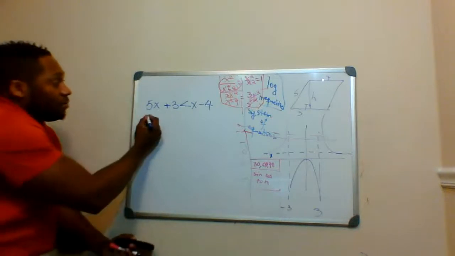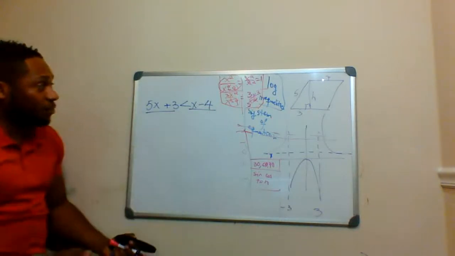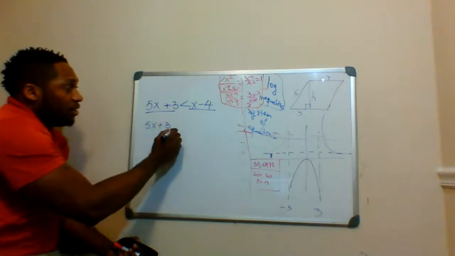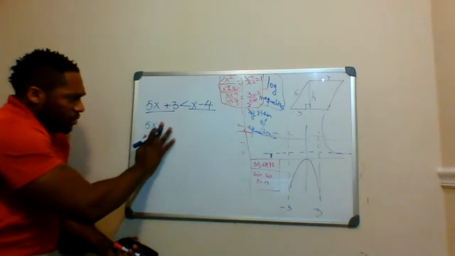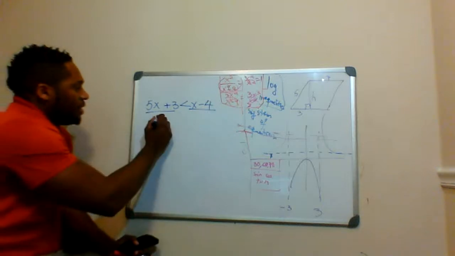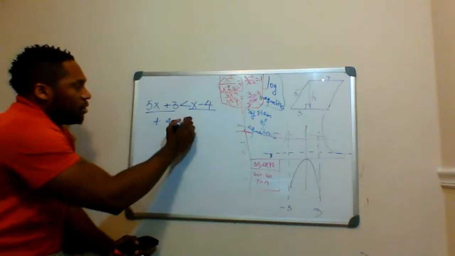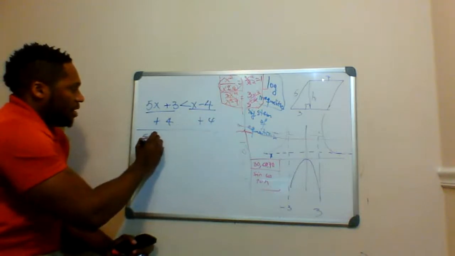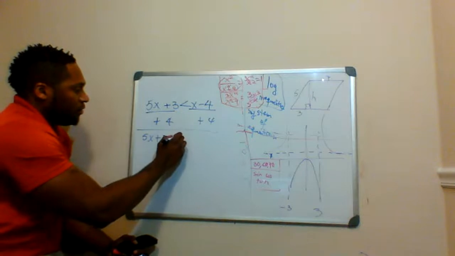So with 5x plus 3 and x minus 4, you can add 4 to both sides. That would give you 5x plus 3 plus 4.